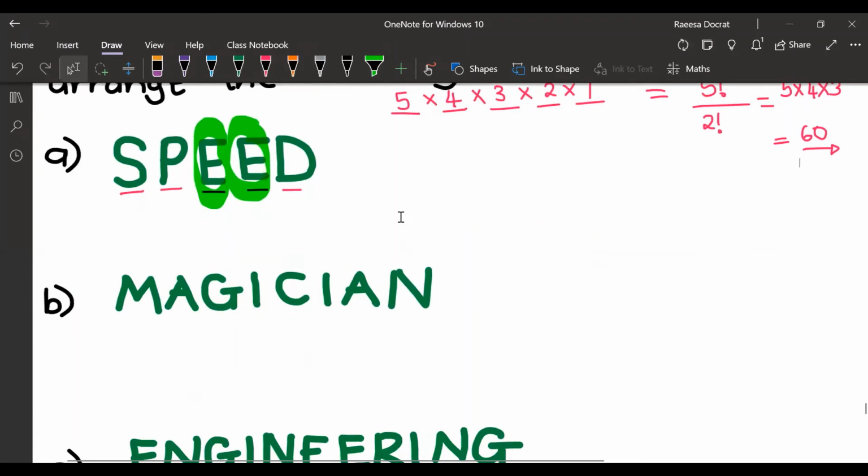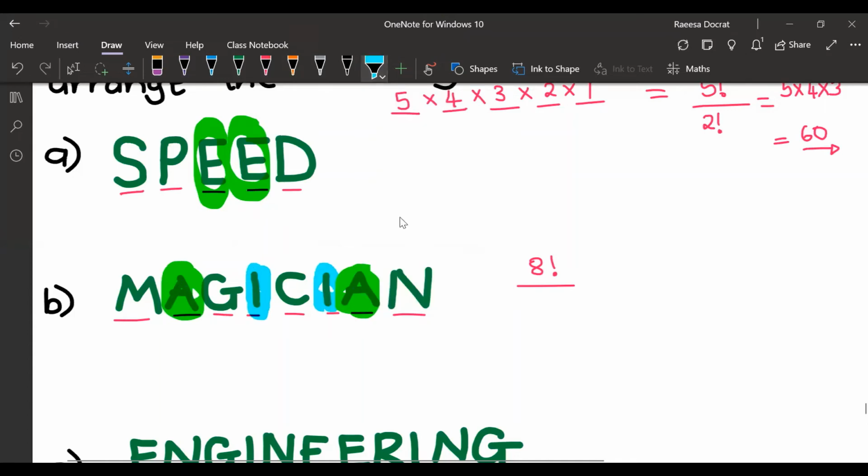MAGICIAN. How many letters are there? 1, 2, 3, 4, 5, 6, 7, 8. So the number of ways of arranging those 8 letters will be 8 factorial if we use the counting principle without repetitions. But now we have repetitions, and not only 1 repetition: A is repeated twice, and I is repeated twice. So how will we deal with this?